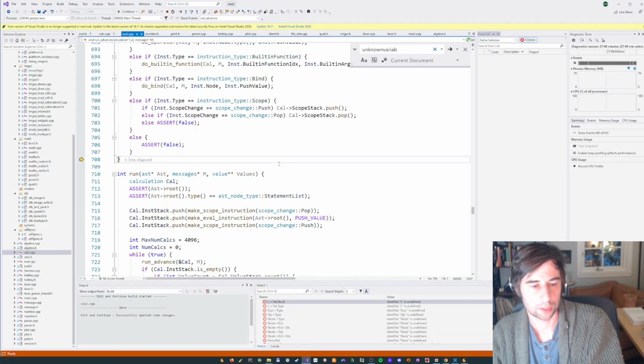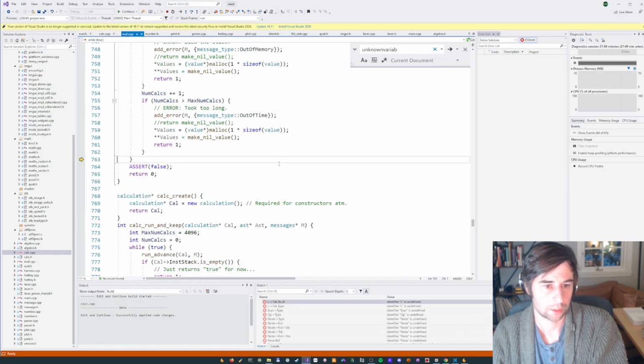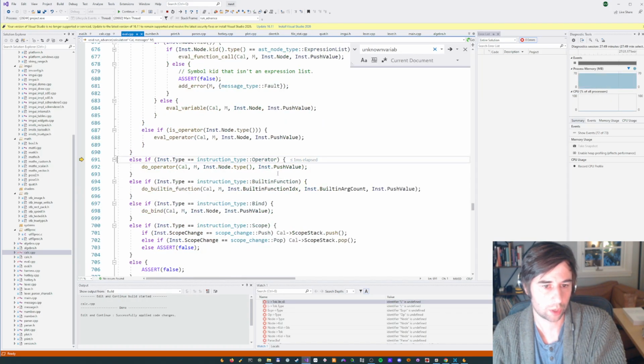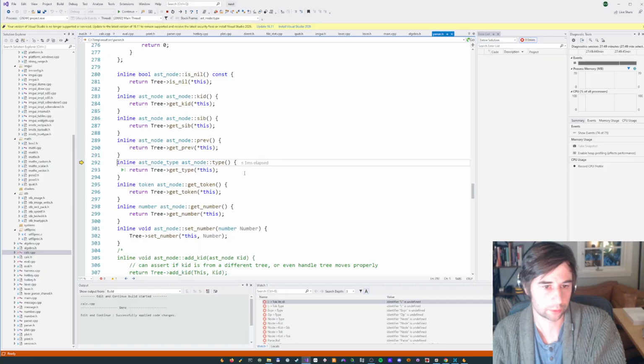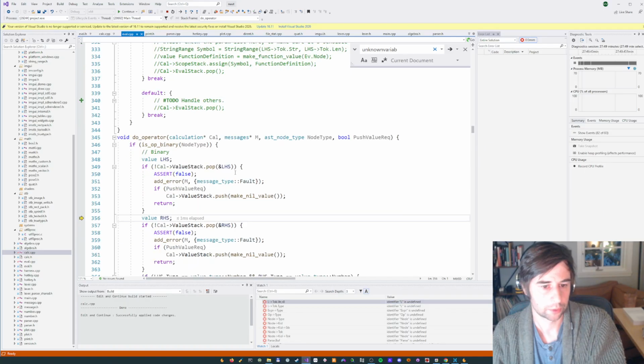Now it's got a value and a variable, which it can't deal with. And when it goes around one more time, it's gonna do an operator. It gets the type, it's a binary operator. Left-hand side, it's gonna pop the value off the stack, no problem, it's a number.